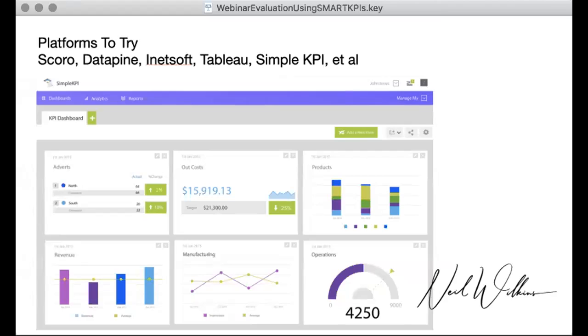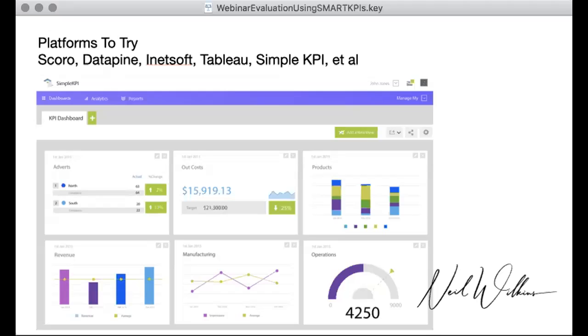Think about some platforms for KPIs that might help you with combined or collaborative decision making. This is all really, really good stuff when it comes to really increasing the validity and the value of marketing within the organization. So some platforms to try out: Scoro, DataPine, InetSoft, Tableau, Simple KPI.